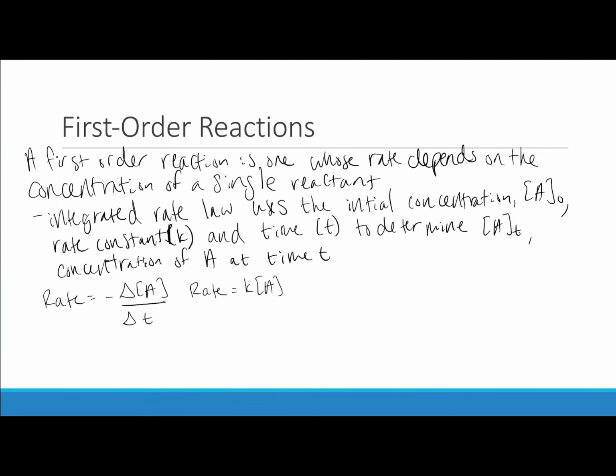We take our relative rate equation for a first order process and our general rate equation for our first order process, and we combine them, setting the rates equal to each other. We get negative delta A over delta T is equal to K A. And then this is then integrated.